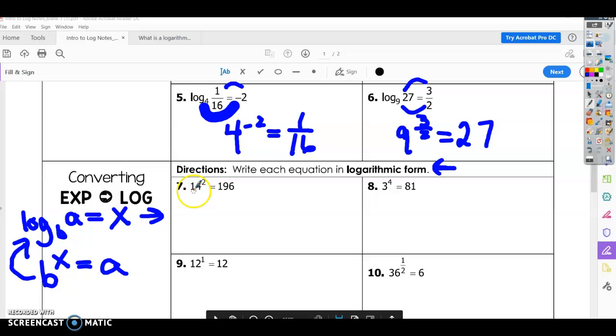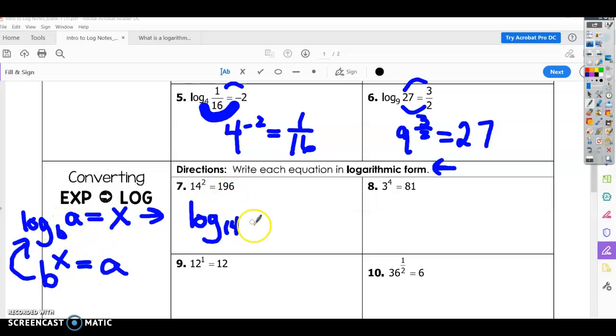So 14, that's our base, that's our b. So we're going to have log base b. B is our big number, our base here, and it's going to be the little number at the bottom. Base is the small number. Then 14, and a is the number over here, 196, equals our exponent.